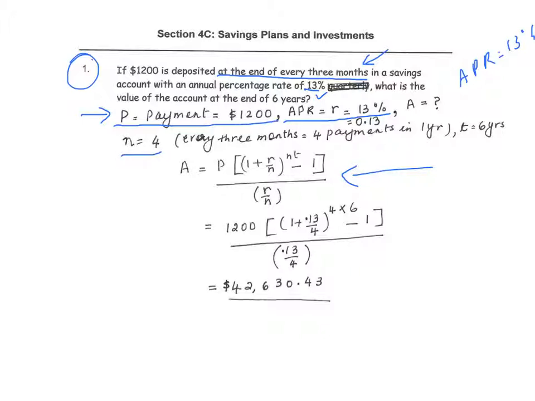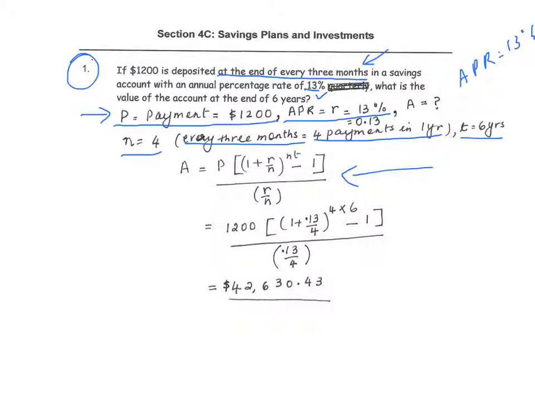N is the number of deposits or payments in a year. If you're going to make a deposit every 3 months, the total number of deposits in a year is 4. So therefore, N is equal to 4. The number of years that we leave these amounts in the account is 6 years.